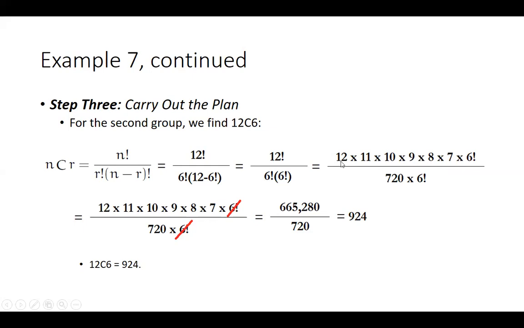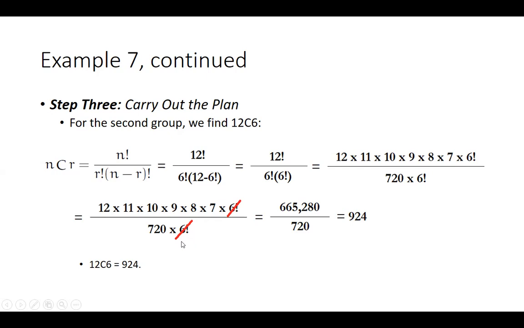That gives us, writing out 12 factorial as far as we want to take it, 12 times 11 times 10 times 9 times 8 times 7 times 6 factorial. We can leave that at 6 factorial, so we cancel with the 6 factorial on the bottom. And the other 6 factorial calculates as 720.